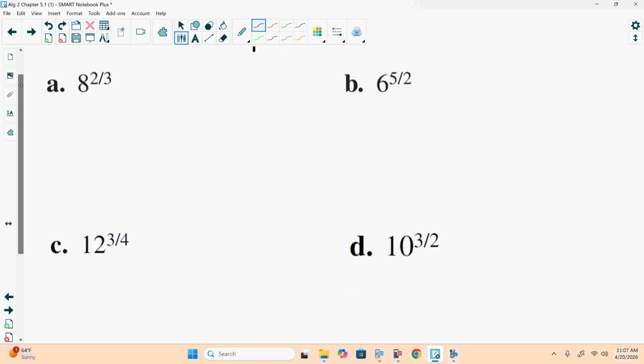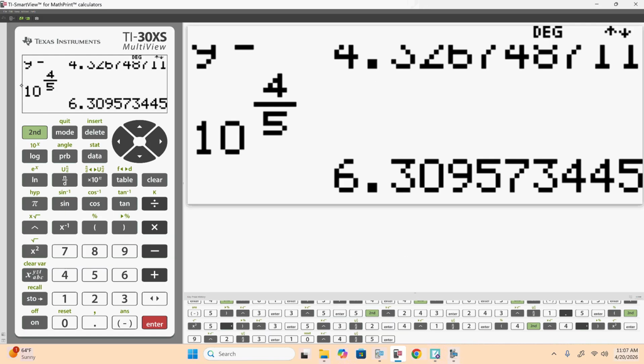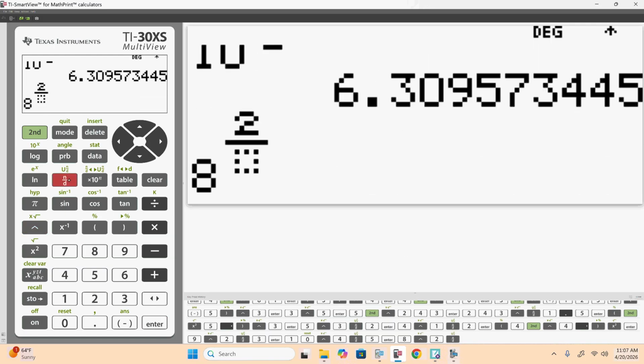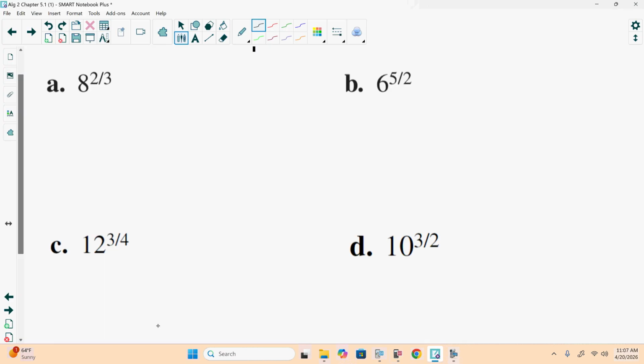Eight to the 2/3. And especially these here, if we wanted to calculate them, I'd just plug them in. 8 to the 2/3 is 4. So if we plugged it in, it's telling us that this is indeed 4. But again, nth root of a to the x is equal to a to the x over n.